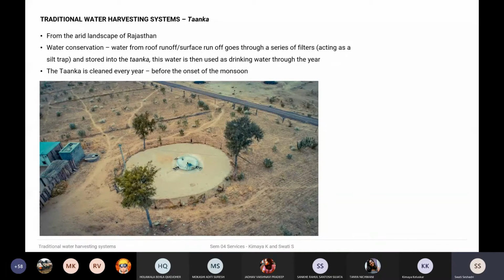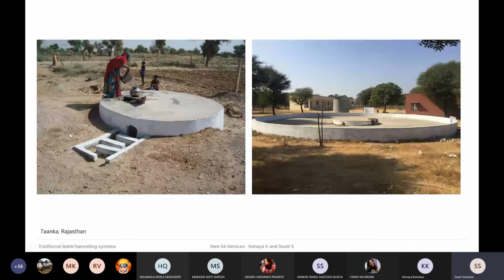Today they probably also add alum and potassium permanganate to clean the water and to make sure that microbial activity, which is not good for the water, is prevented. And there is a lid on top which will allow you to pull the water out and use it at whatever point.